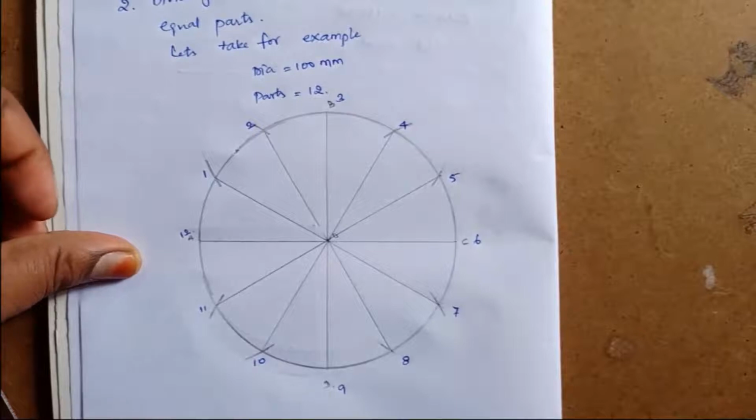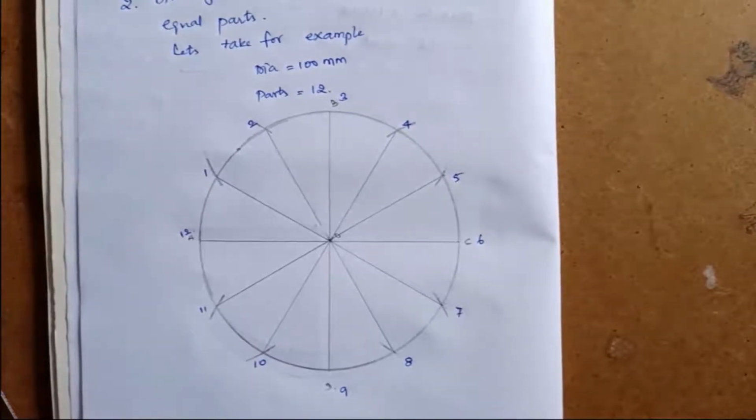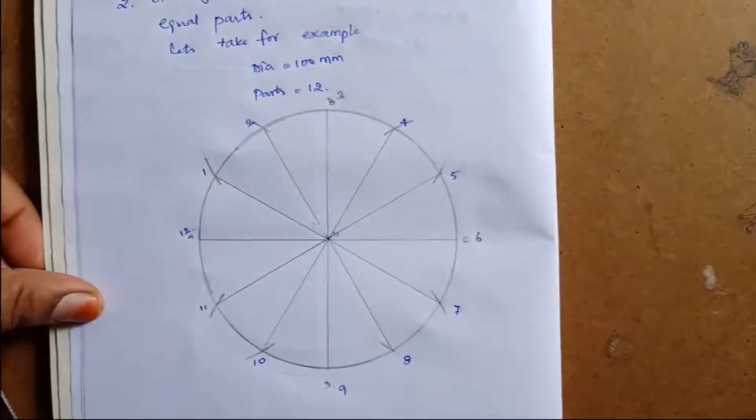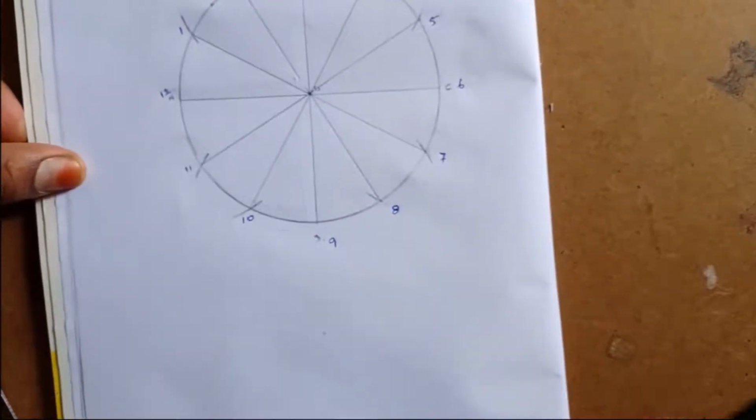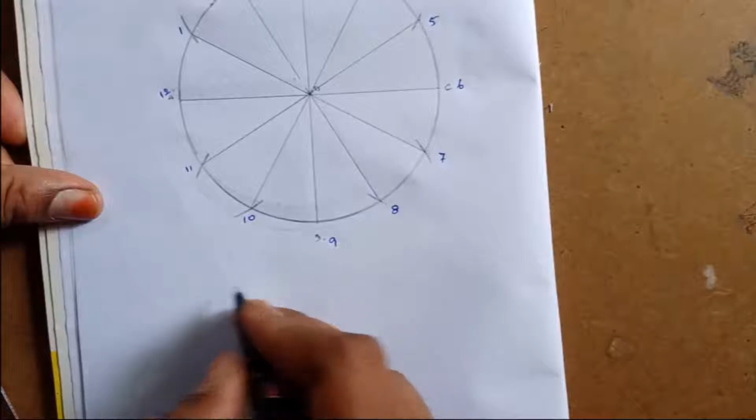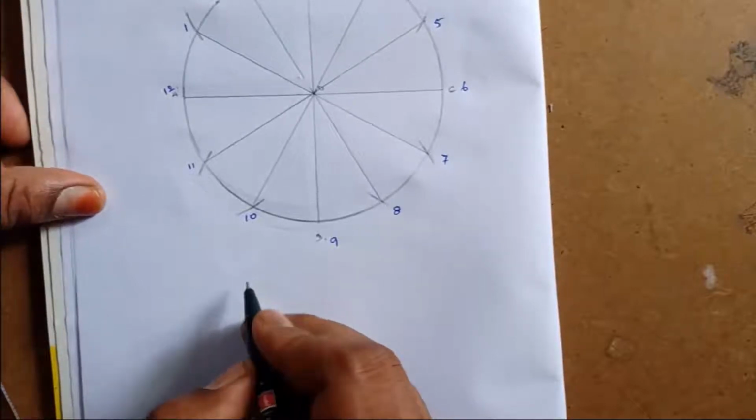You can use the protractor also to divide the given circle into n number of equal parts. It is not mandatory to use compass and pencil.